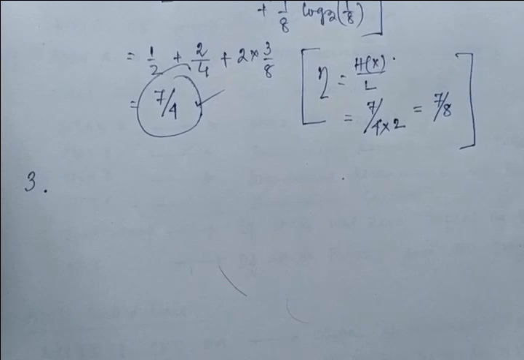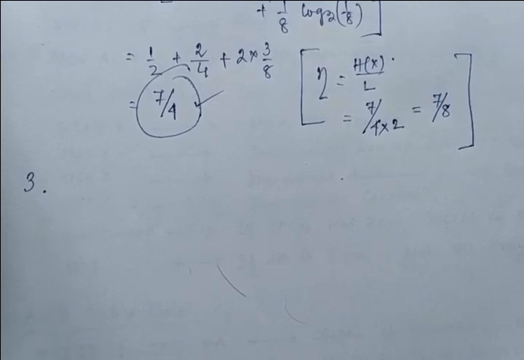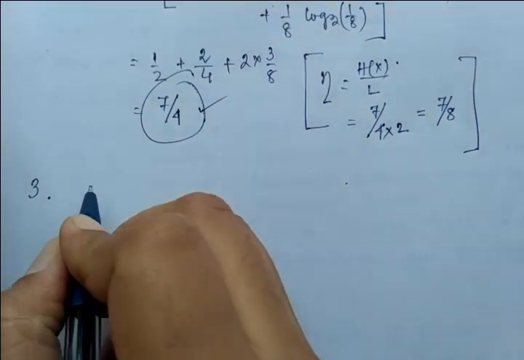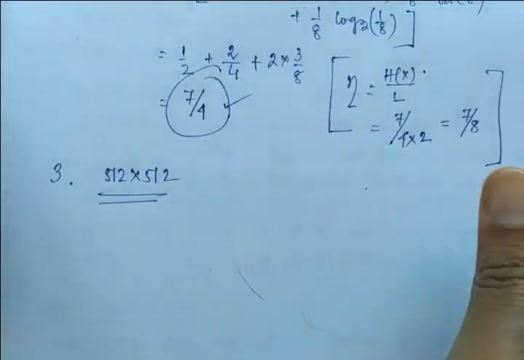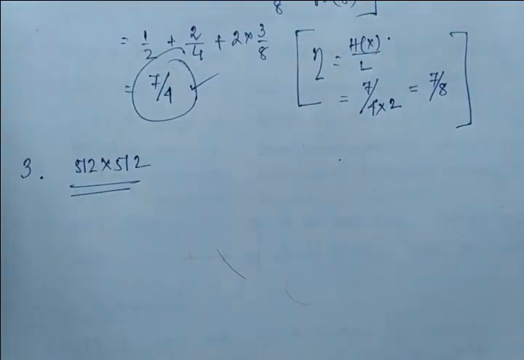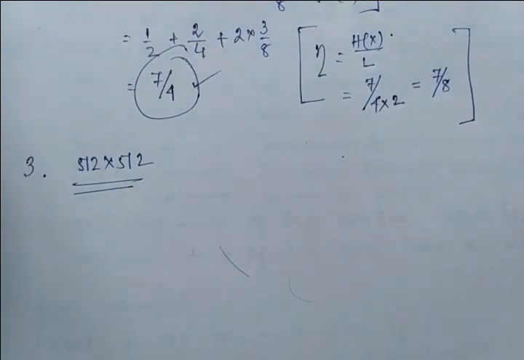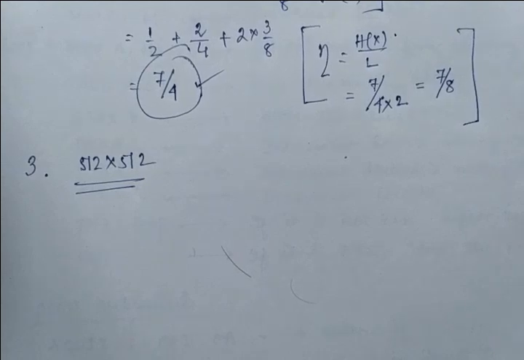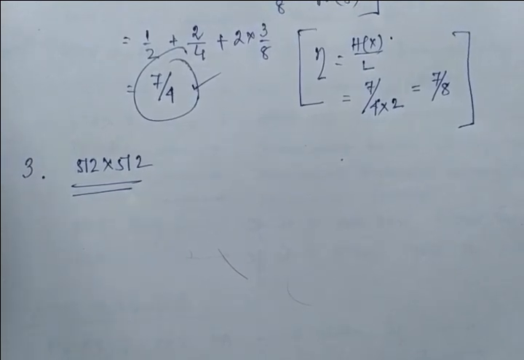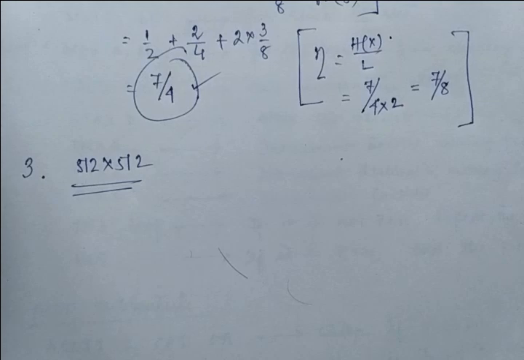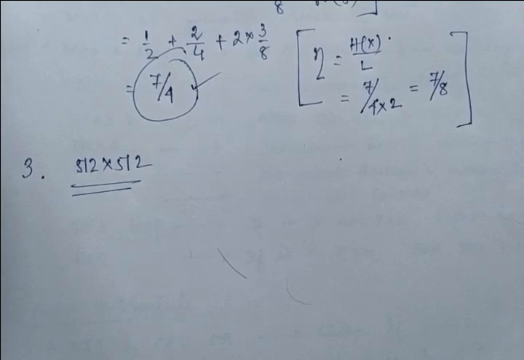Please see the question very carefully: an image uses 512 into 512 pixels, and each of the picture elements can take any of 8 distinguishable intensity levels. I have already underlined this portion in the question. This is the trick given here: 8 distinguishable intensity levels.